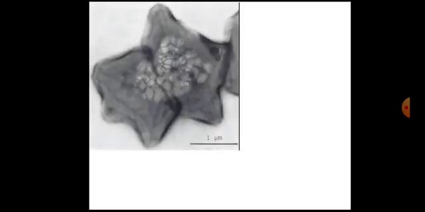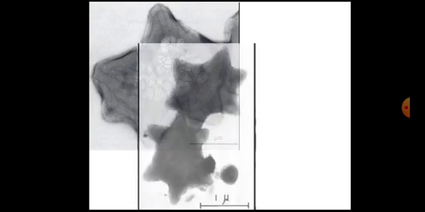This is a very interesting, fascinating example of a star-shaped bacterium. You can guess its size. It is approximately 3 micrometers long. It is a star-shaped bacterium, that is Stella.